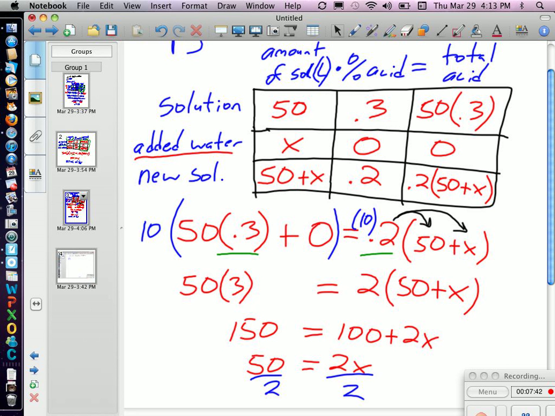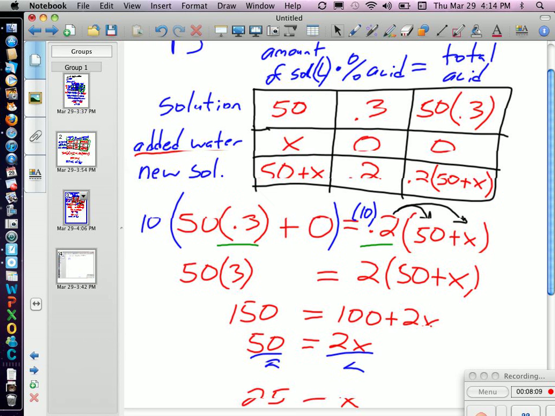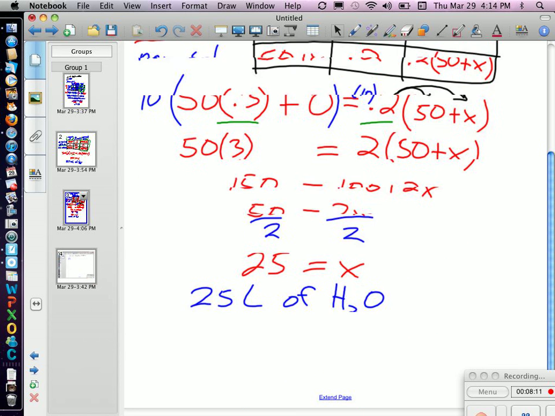Okay, so remember, 30% of 50 would be 15 liters of acid in that original solution. Our new solution is 75 liters, but it's only 20%. 20% of 75 is 15. So we did a little mental calculation, and we have determined that our answer makes a lot of sense. I highly recommend doing that every time you finish a word problem. Does my answer make sense?